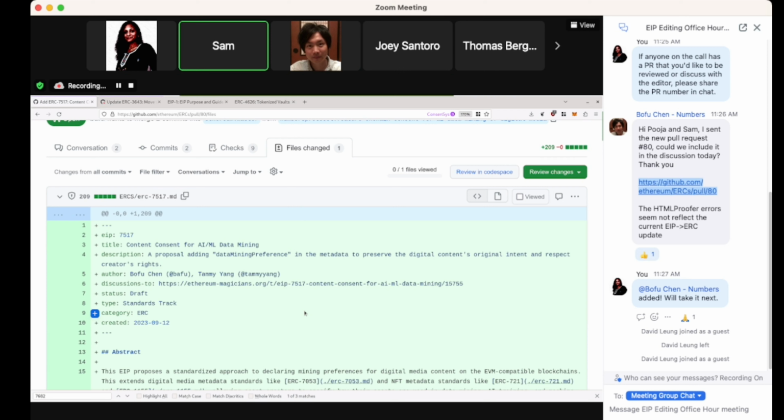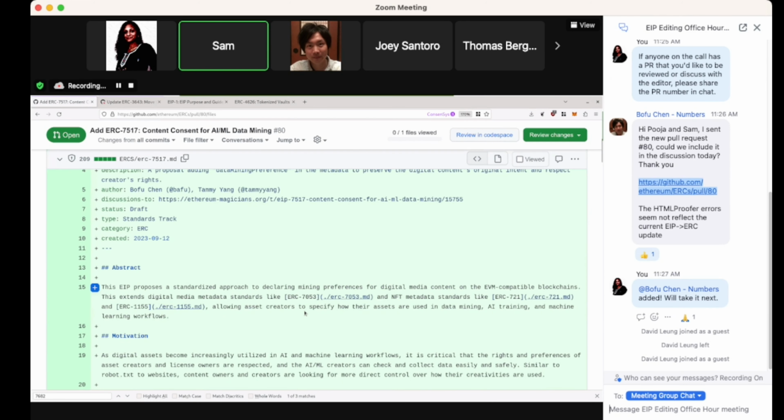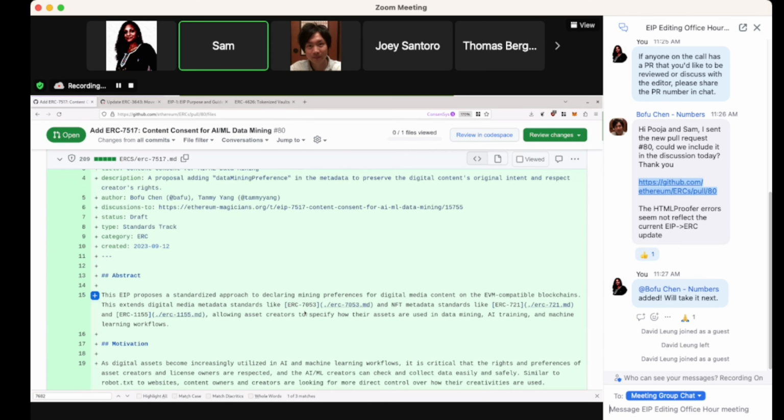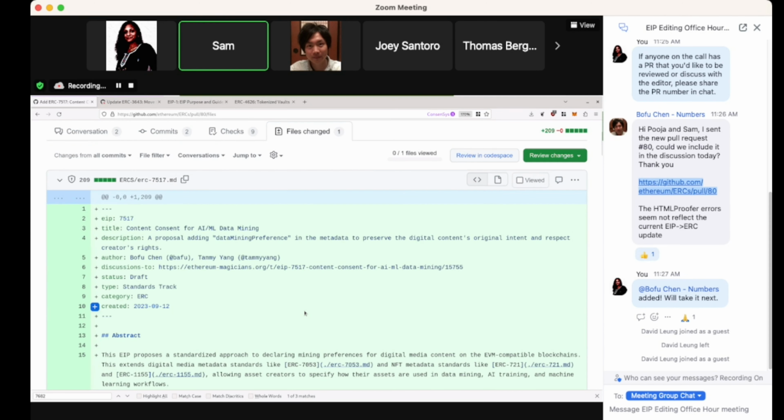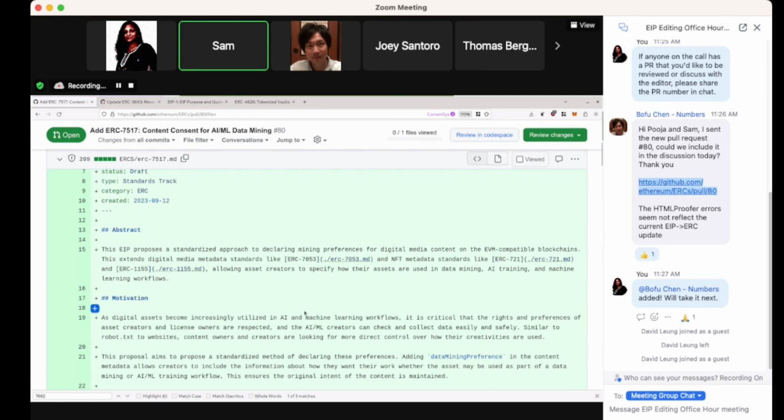Okay, preserve the digital owner's intent and respect creators' rights. All right. The EIP proposes a standardized approach to declaring mining preferences in the metadata. EVM compatible blockchain. This is metadata standards like... Okay.